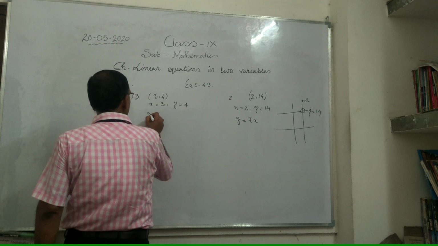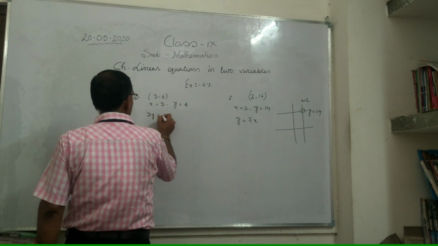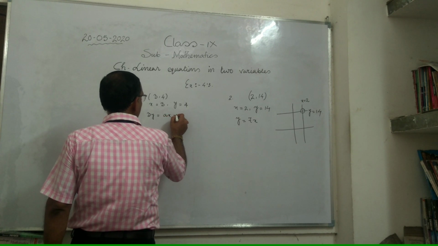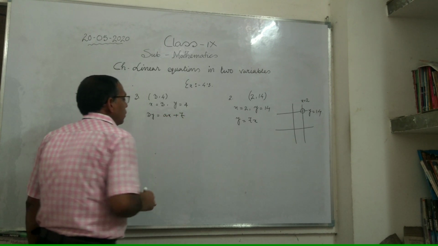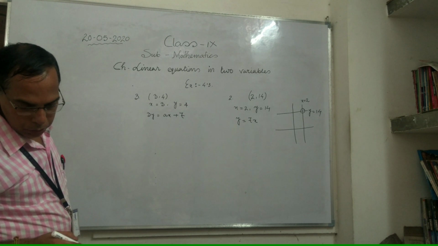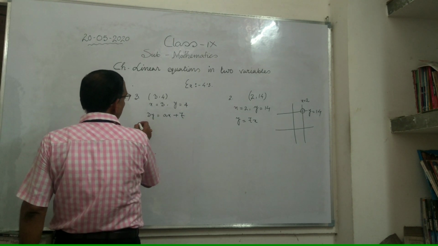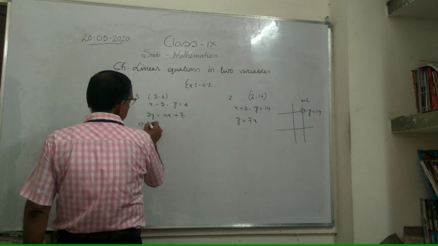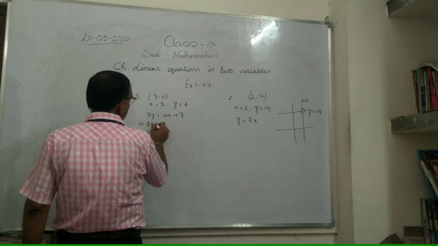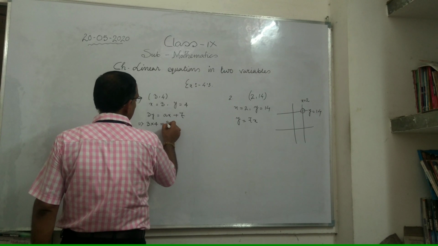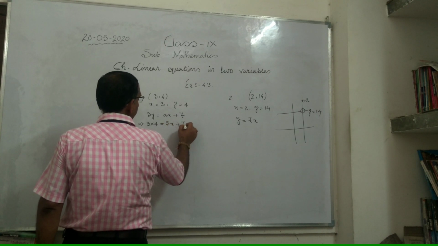Now let's see what equation is given. Equation is 3y equal to ax plus 7. Then substitute the value of y. So 3 into 4, and substitute the value of x, 3a, and then plus 7.